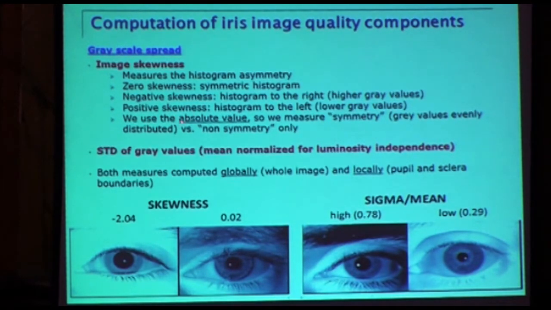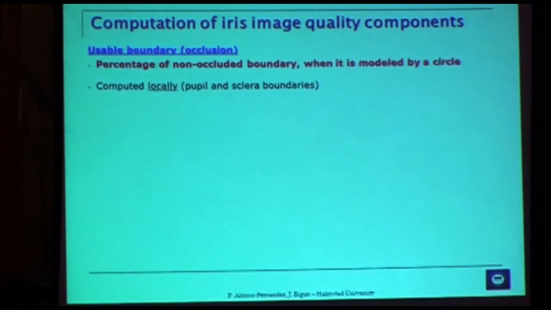We use here the absolute value, so we measure the symmetry of the histogram versus the non-symmetry of the histogram only. And as a second measure, we use the standard deviation of gray values, normalized by the mean for luminosity independence. These two measures are computed globally in the whole image and also locally around the pupil and scleral boundaries only. Here you can see some examples of these two quality components.